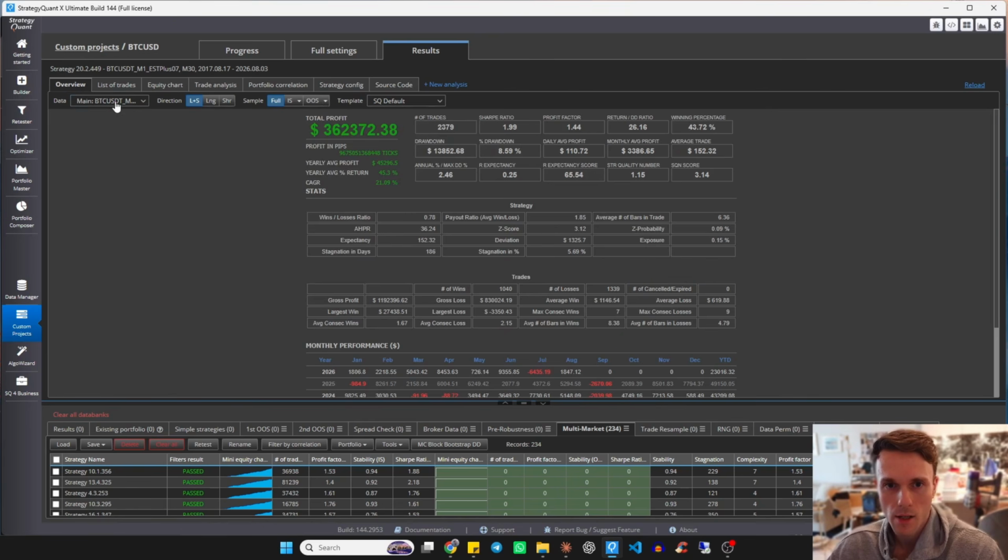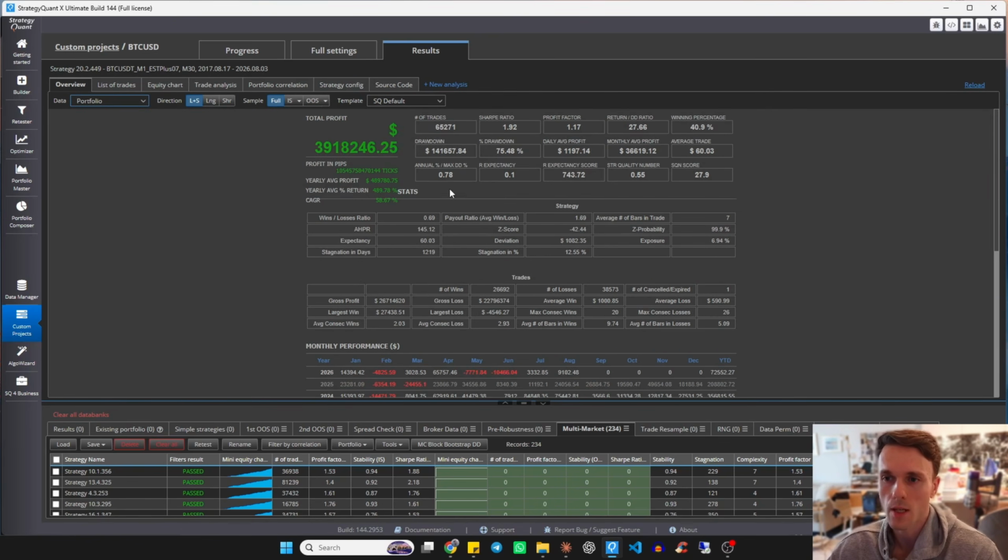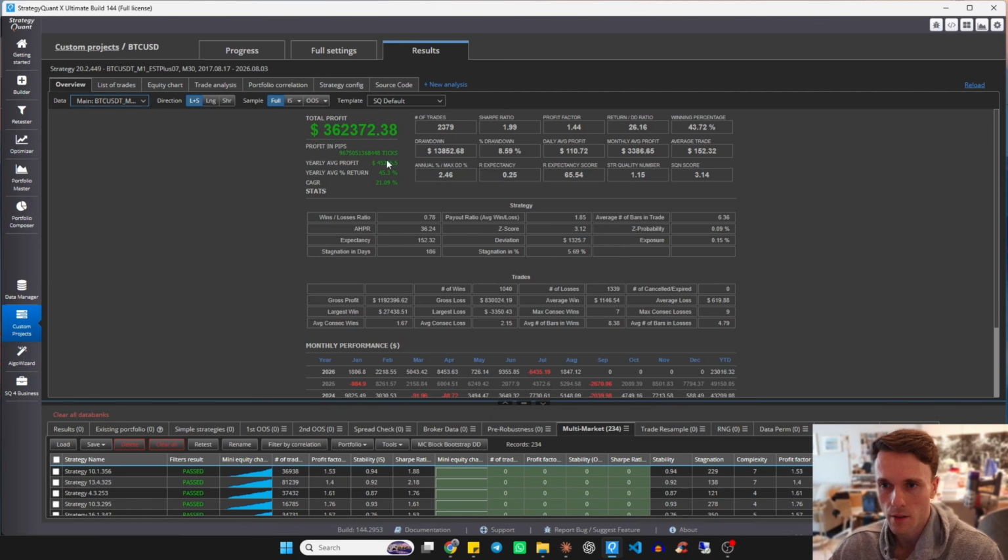And if we go back here and we look at the portfolio, we can see that the entire portfolio of all those different markets has generated 65,000 trades, right? Now, you recall earlier how I said about 1,000 of the original trades on Bitcoin were used as the in-sample period, followed by roughly 1,000 trades in the out-of-sample period.